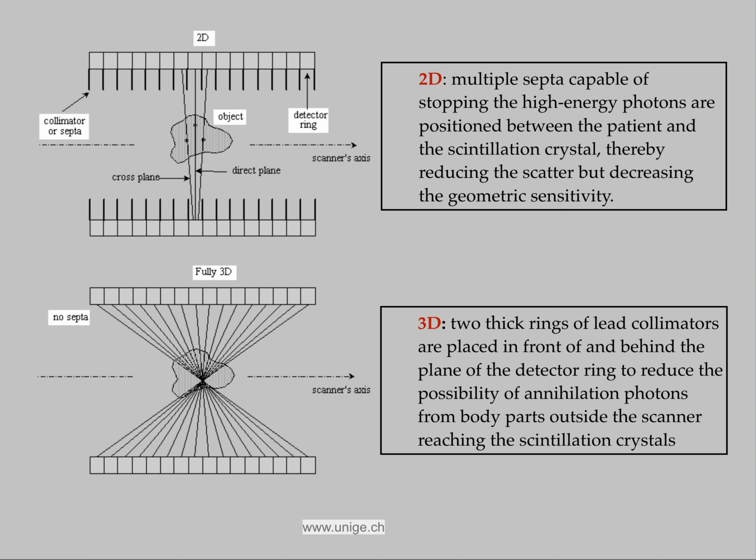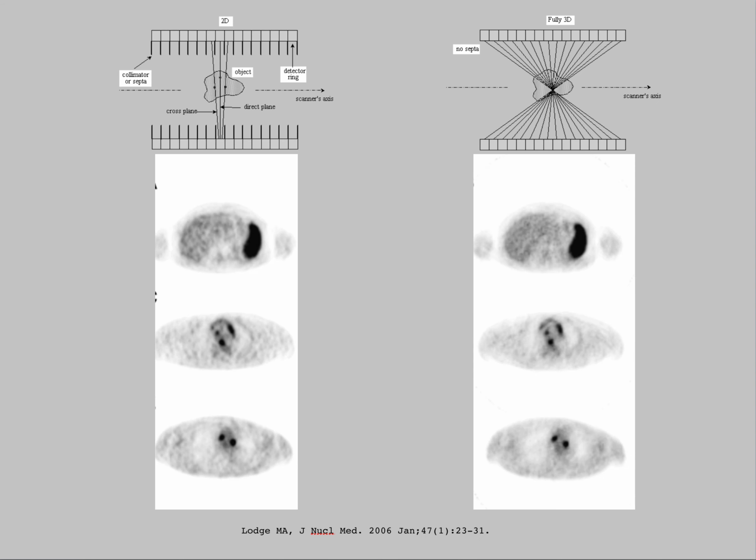For a while, there was a significant debate about it, and there was some great work done by Martin Lodge from Hopkins, who clearly showed that abundance of signal far outweighs the benefits of collimators, and you can see the images on the left with collimators and images on the right without collimators, and these were practical, realistic clinical exams, and even without any physics to any observer, the images on the right are much better. So this is currently the standard of imaging. Most of the PET scans are done in 3D mode.